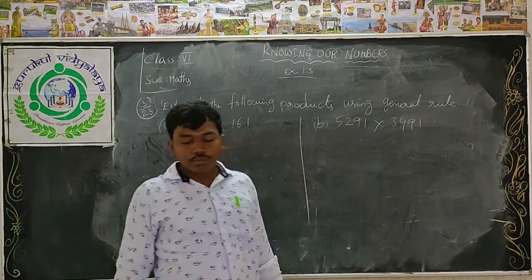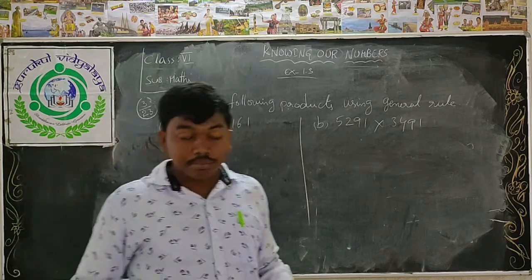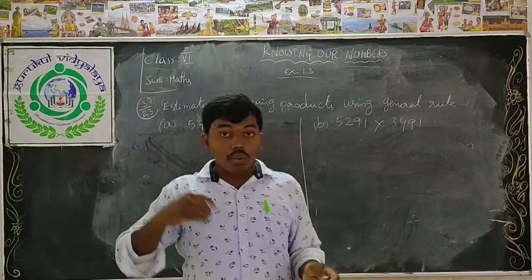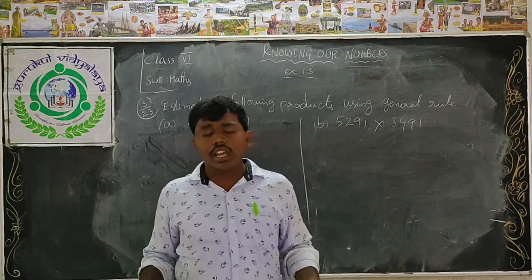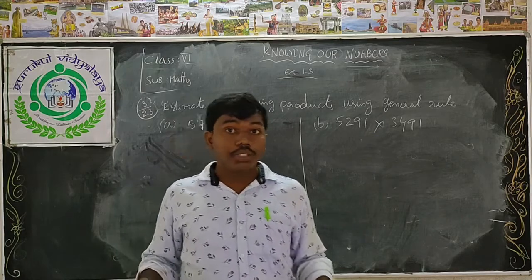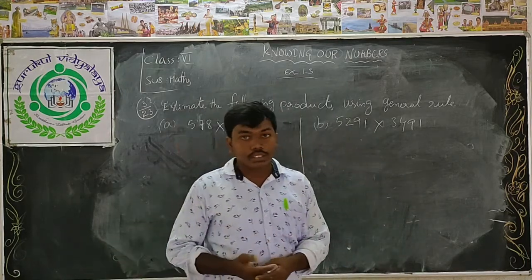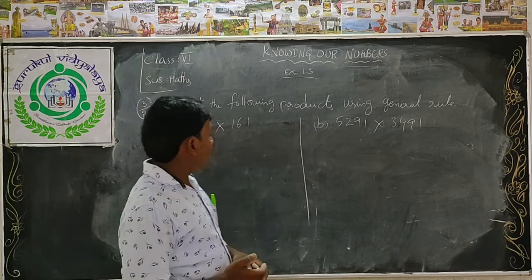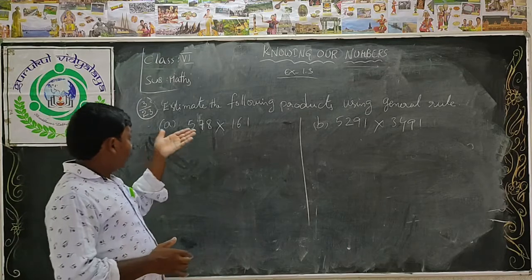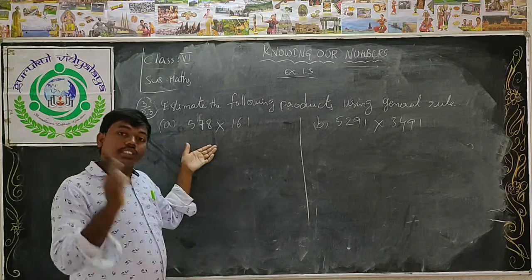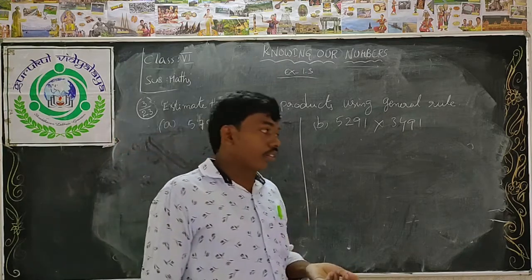In the above sums, we learned how to find the estimated sum, that is nothing but rounding off the given numbers and adding. And estimated difference means rounding off the given numbers and finding the difference, subtracting. Like here, see, children, we can find the product. First, round off the given numbers, then find the product. Product means find the multiplication value.